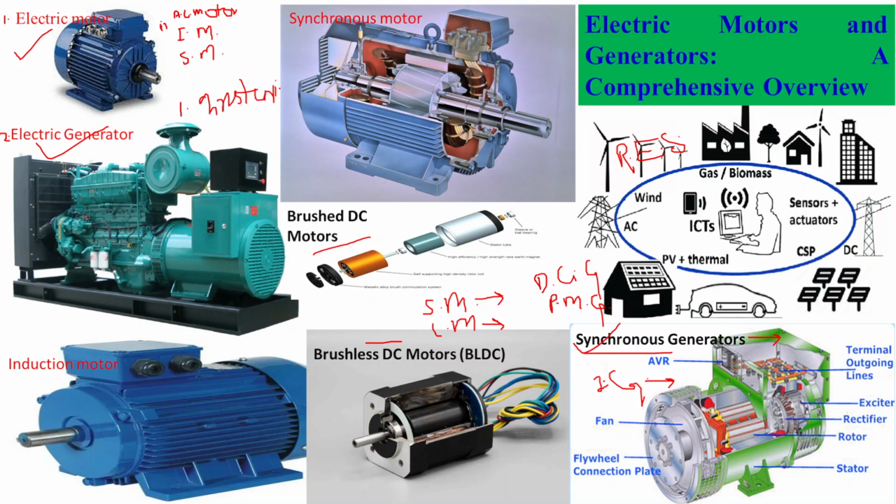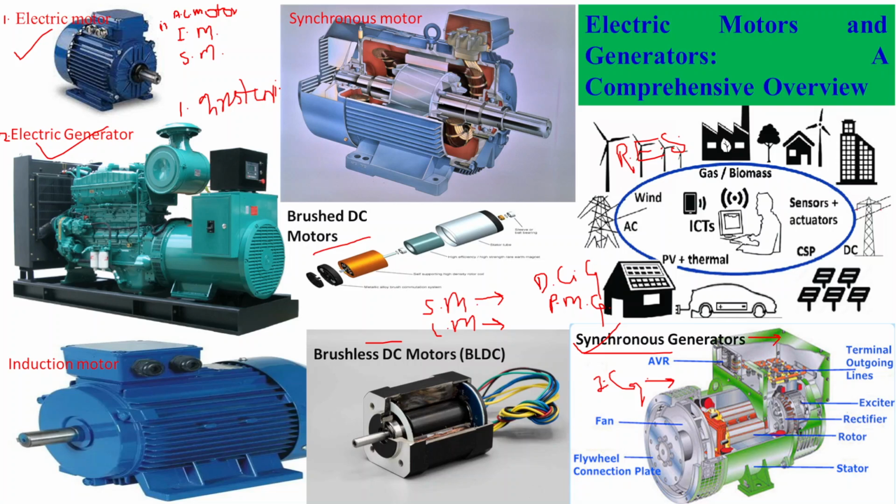Whereas electric generators play a crucial role in power generation plants, where they convert the mechanical energy from turbines driven by steam, water, or wind into electrical energy for distribution to consumers.